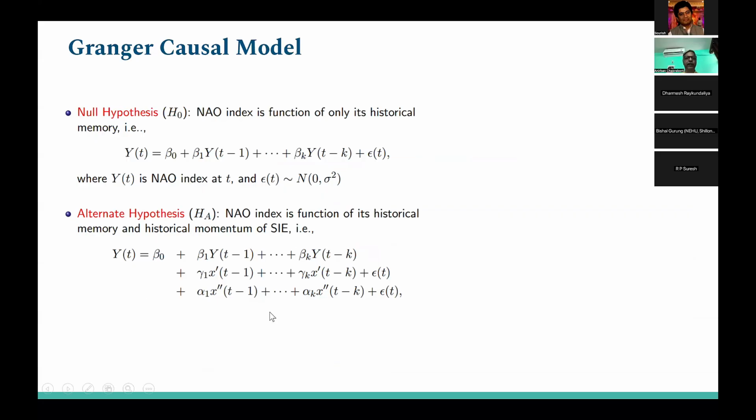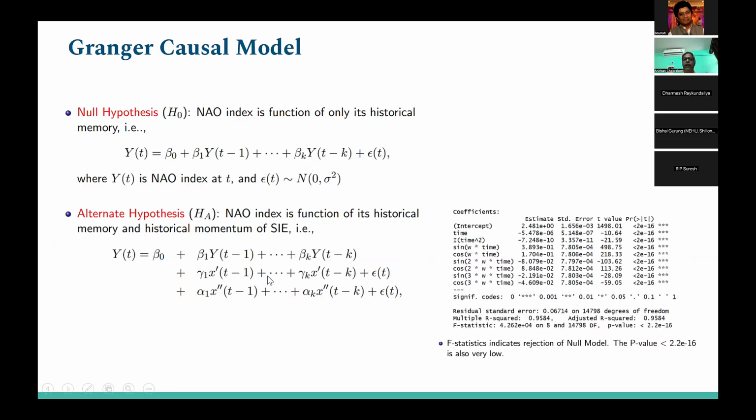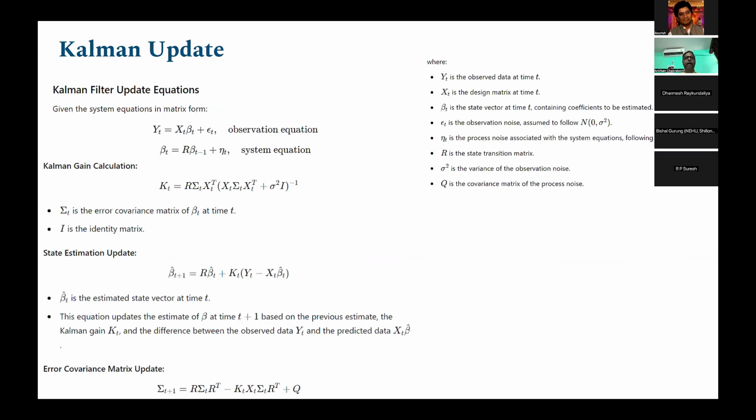And then you have this alternate hypothesis. When we test, we find that the null hypothesis is rejected, which means that the sea ice extent actually has an effect.